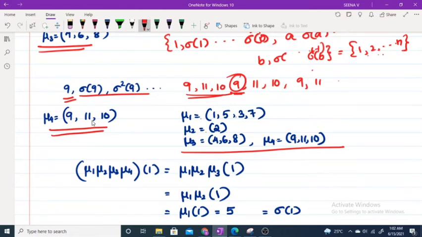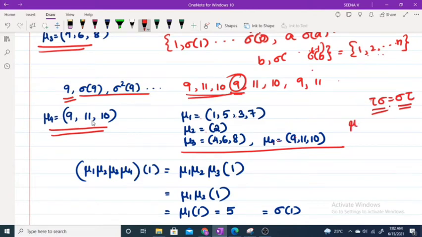Okay, now we have to prove our sigma is a product of these cycles. Before that, we have discussed in our last class that if two cycles are disjoint, then they commute: tau sigma equals sigma tau if sigma and tau are disjoint cycles.